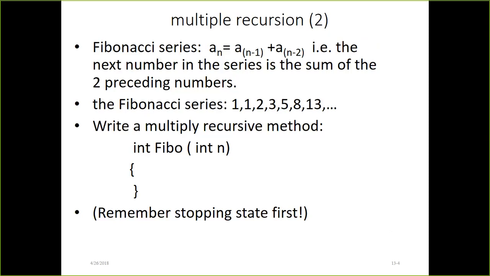This is my nth Fibonacci number, then this will be my n minus 1th, and this will be my n minus 2th, right?